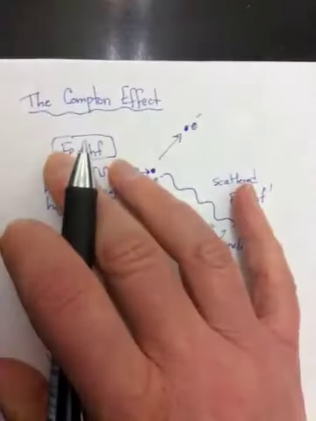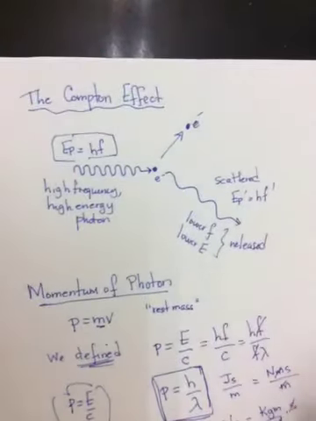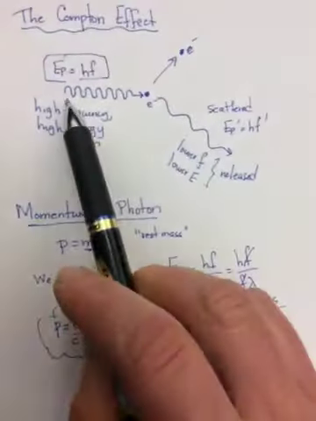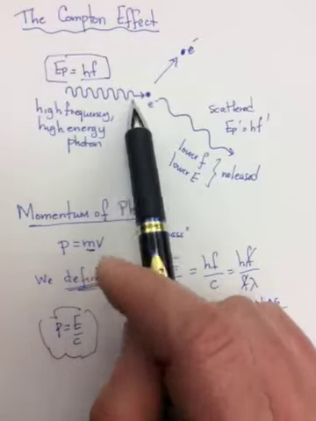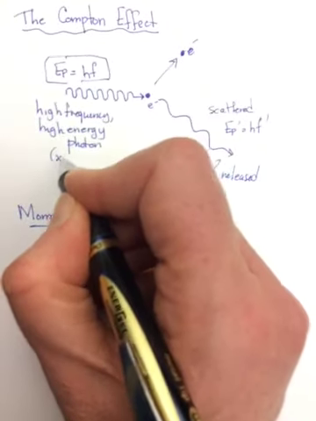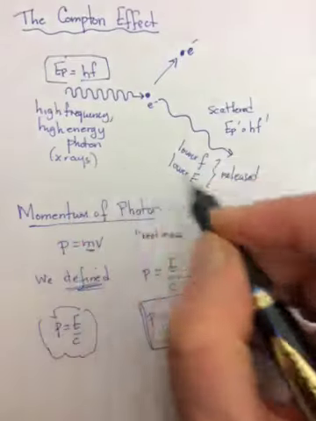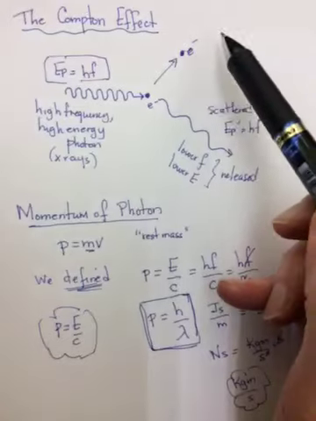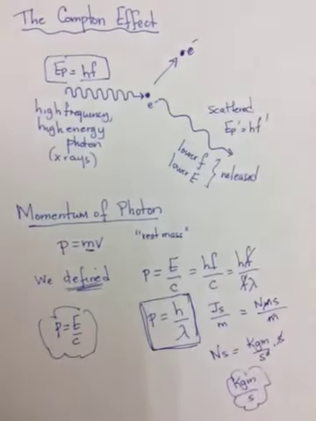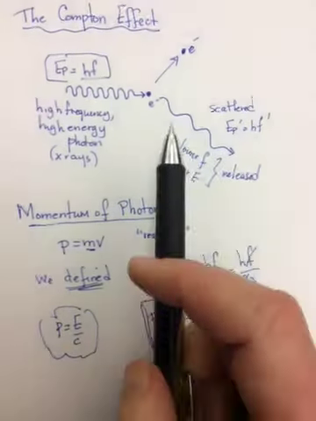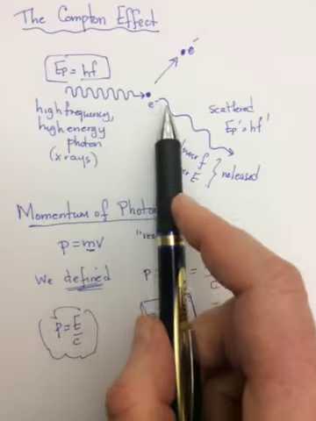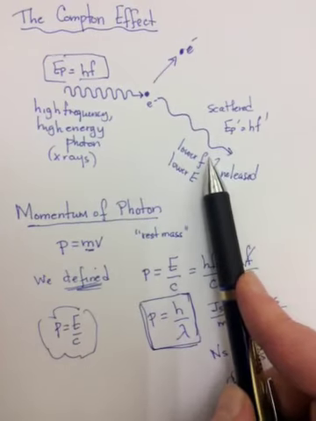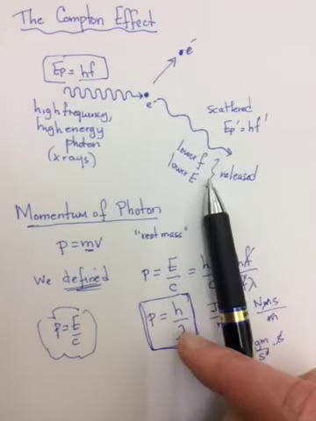We'll talk about its significance a little more in person, but I just wanted to give you a bit of an intro to it. So to recap again, you take high frequency, high energy photons, and he used X-rays, and shot them at a surface where of course there were electrons. Electrons got ejected, just like in the photoelectric effect, but this time the leftover energy wasn't absorbed, it was scattered as lower energy, lower frequency photons.